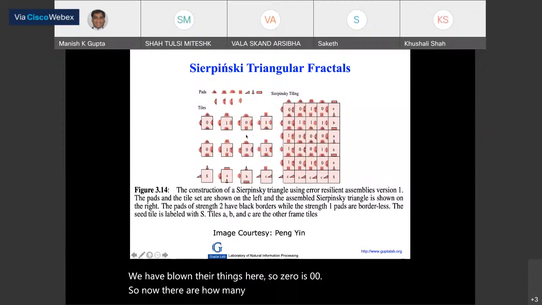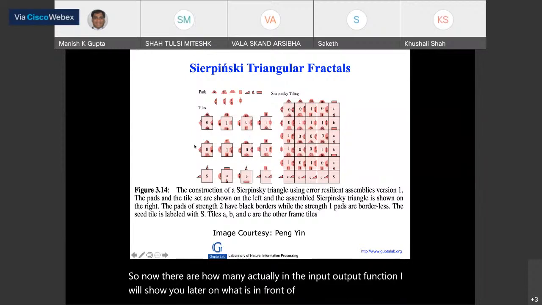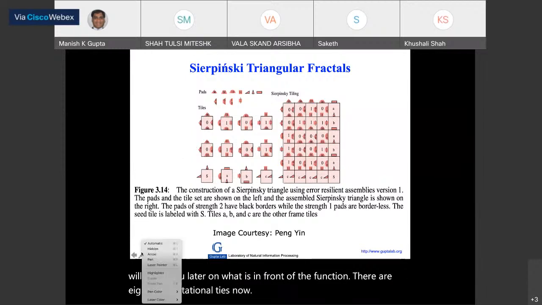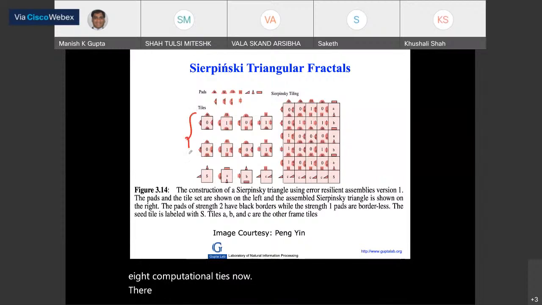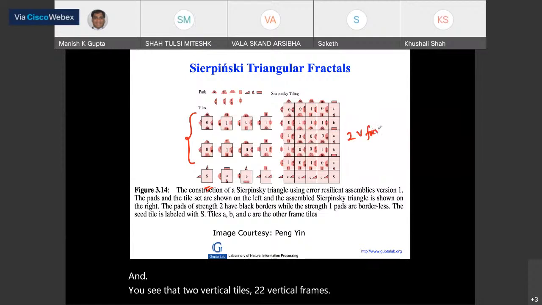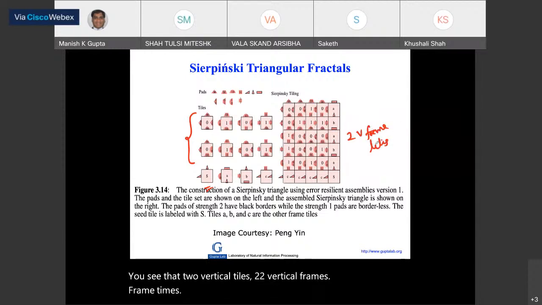In the input-output function, which I will show you later, there are now 8 computational tiles, 1 seed tile, 2 vertical frame tiles, and 1 horizontal frame tile. And this kind of combination is going to reduce the error rate. How to arrive at this solution, I will show you in detail in my next class.